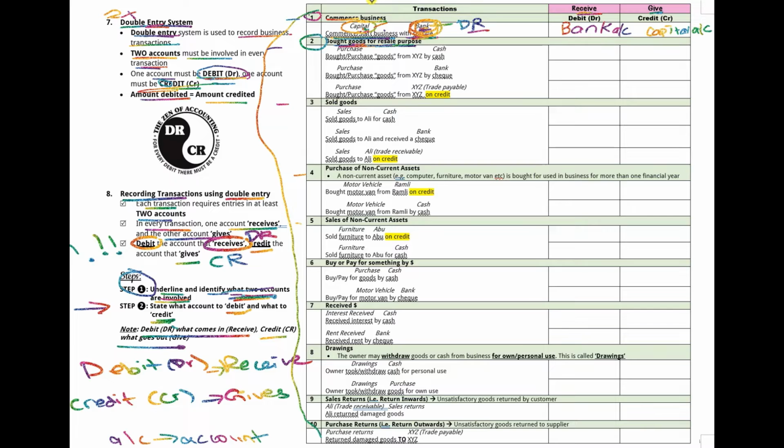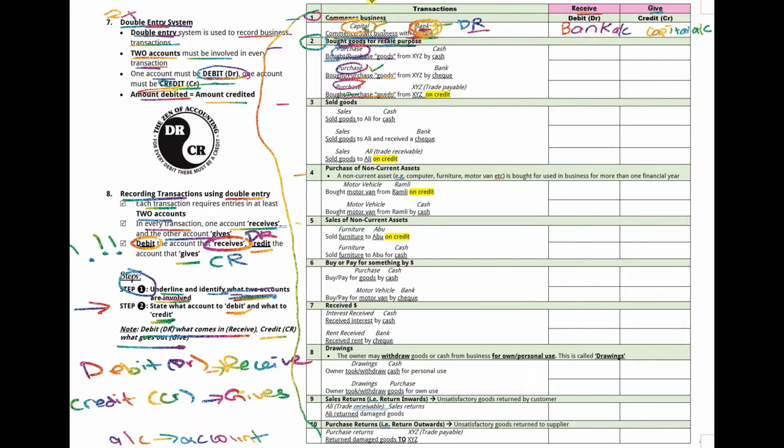We call it goods. When you see bought or purchase, it means the same thing. When you see the words bought goods, it's the purchases account.